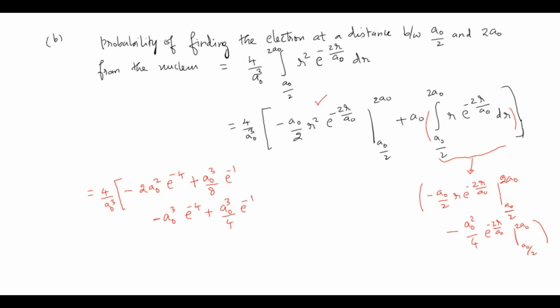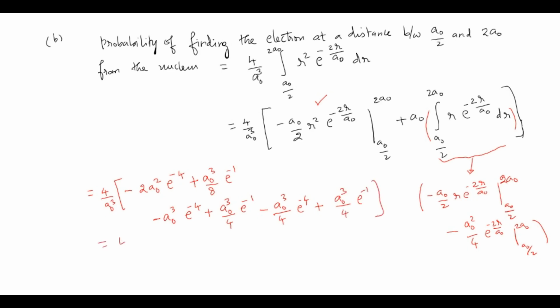And last term, there is a minus sign here, so a naught cube by 4. Now upper limit, when we substitute, this becomes a naught e power minus 4, and minus into minus plus a naught cube by 4 e power minus 1.